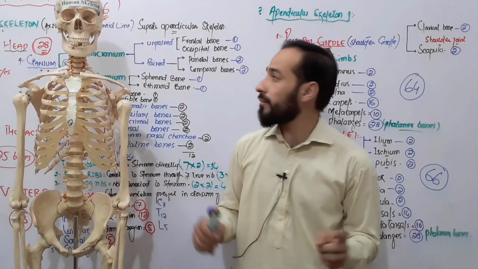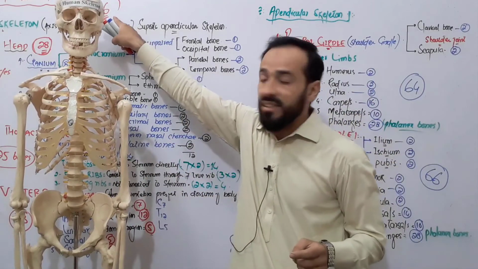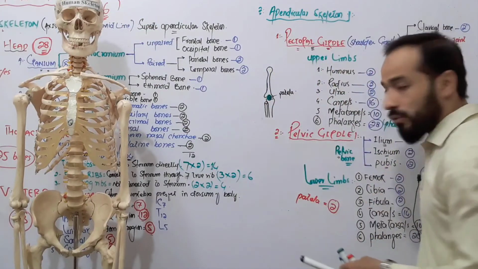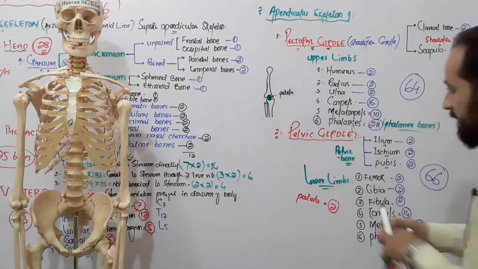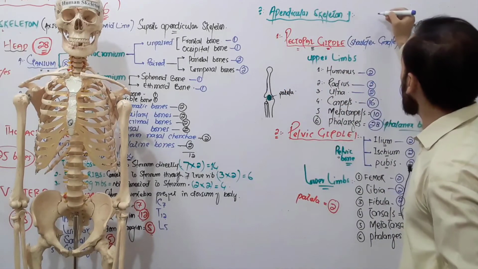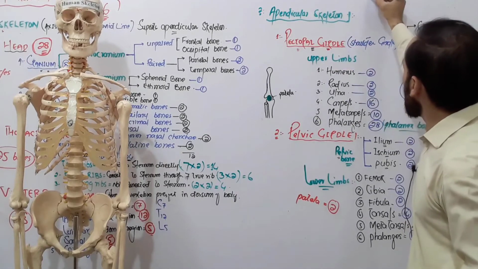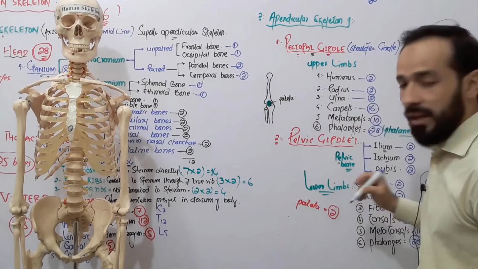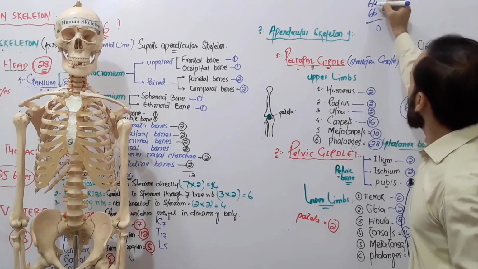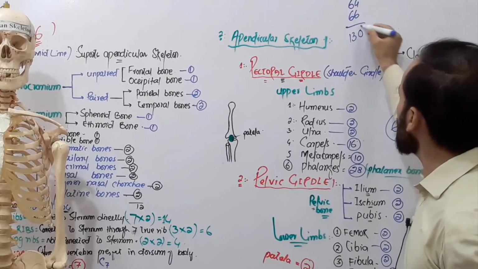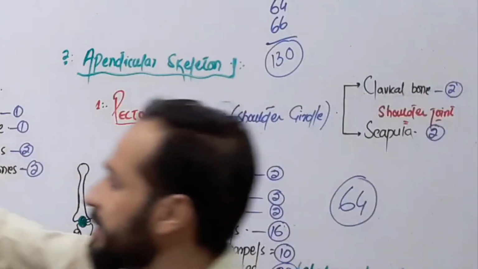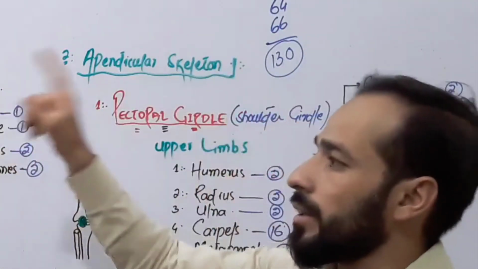And you have a total of 86 bones present in the axial skeleton. So let's count the total bones of your appendicular skeleton. In your appendicular skeleton you have 64 in upper extremity and pectoral girdle, and 66 in lower extremity and pelvic girdle. So total of how much? 130 bones in your appendicular skeleton and 86 bones in your axial skeleton.